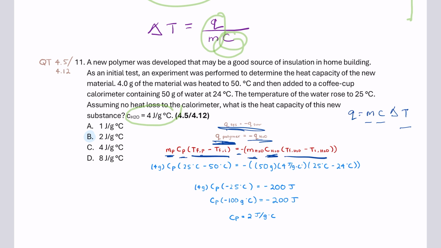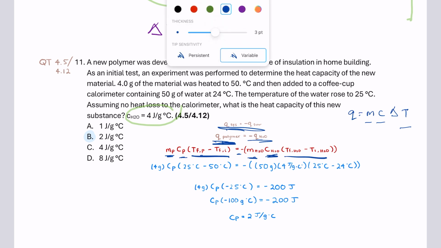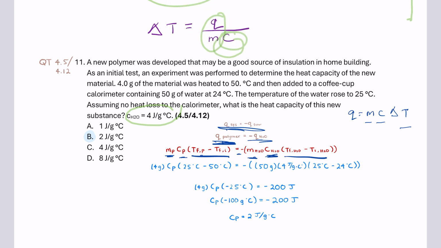With this in place, let's plug in what we know on the polymer side first. We know we have 4 grams of our polymer. We don't know any information on the specific heat capacity of the polymer. That is our goal for the problem. What we do know, though, is the initial and final temperature of the polymer. The final temperature is 25 degrees Celsius, and the initial temperature is 50.